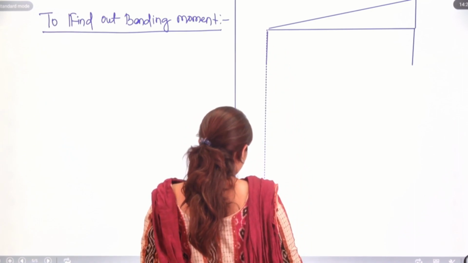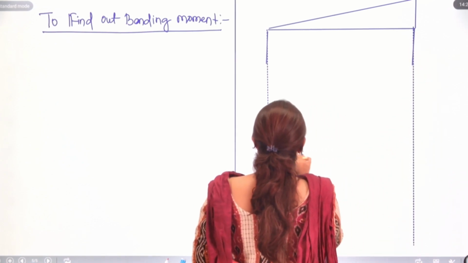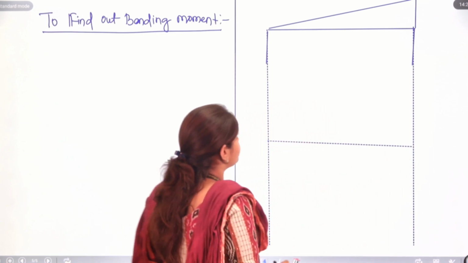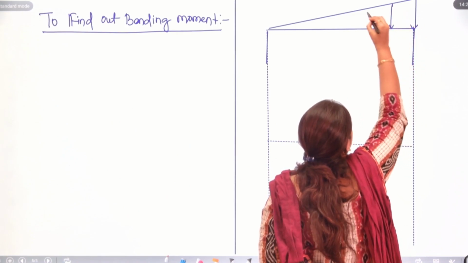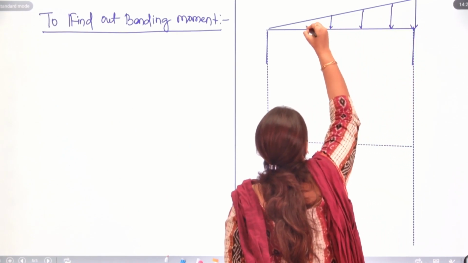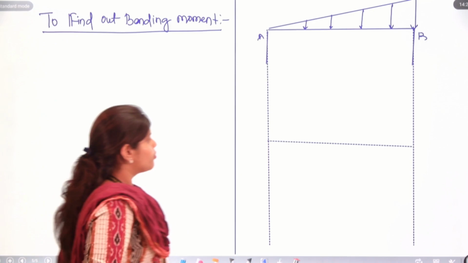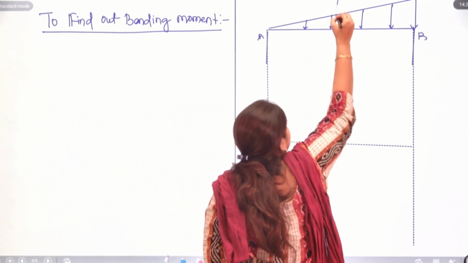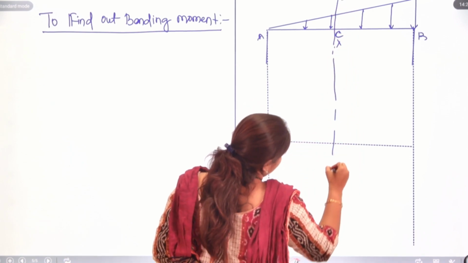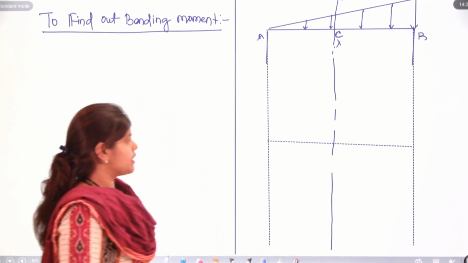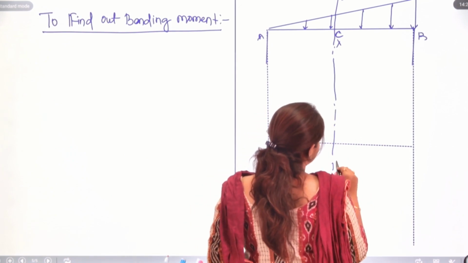To draw the BMD, we need this. We already have found out the shear force. Now our work is to find out bending moment, and here is the section XX. Let's name it as C.